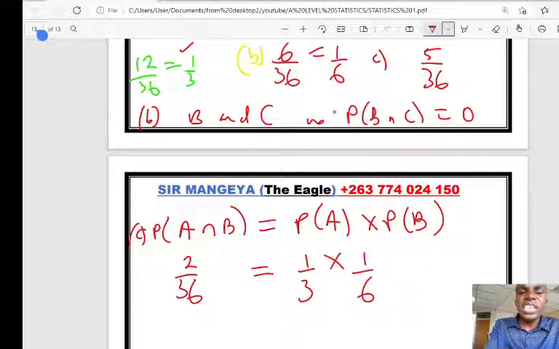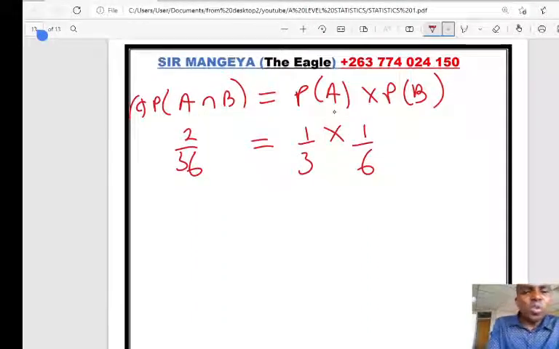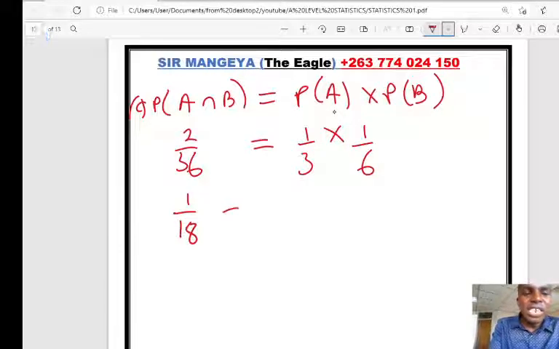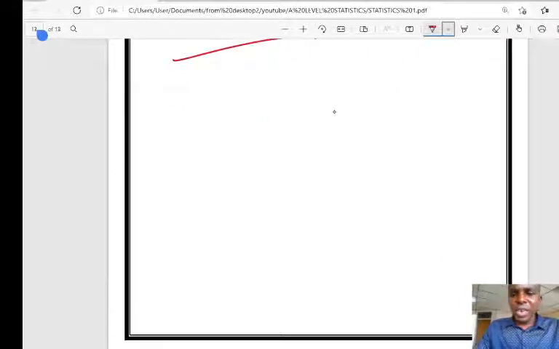Simplifying, we get 1 over 18, and on this side it is also 1 over 18. Since they are the same, events A and B are said to be independent events. Then we can say done.